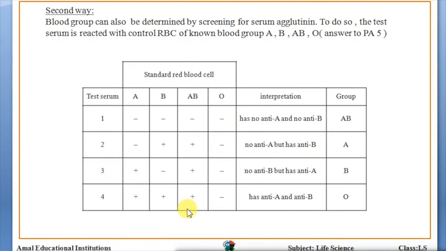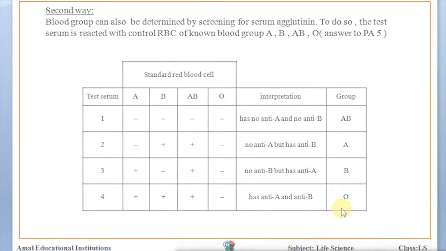Therefore, the blood group that has both anti-A and anti-B is going to be that of group O.